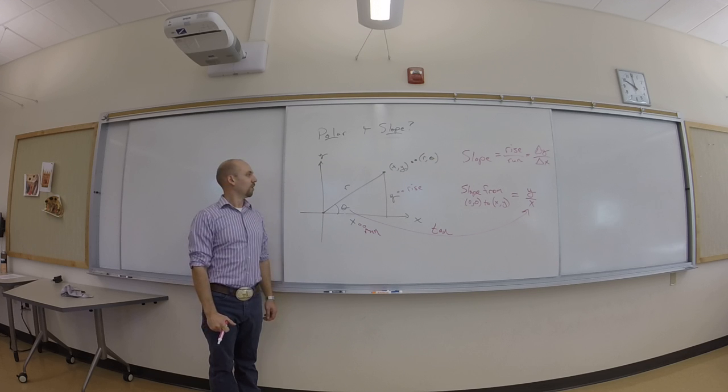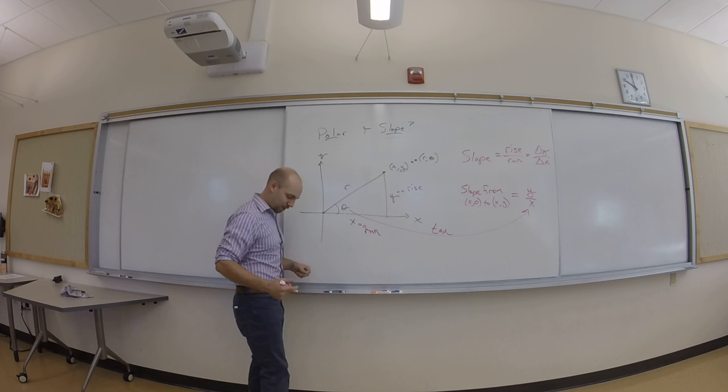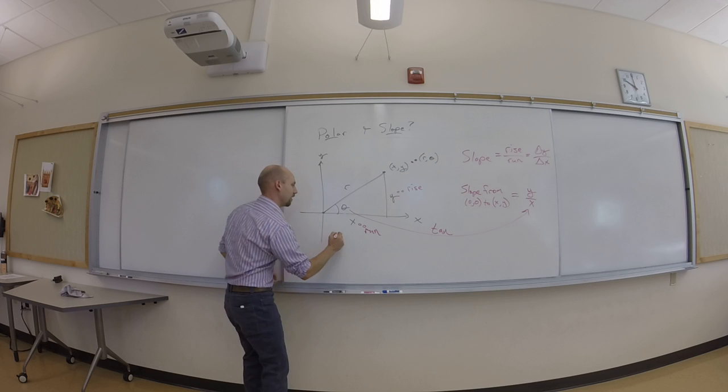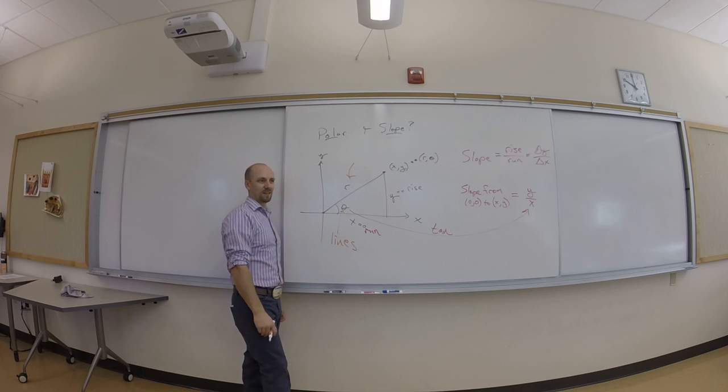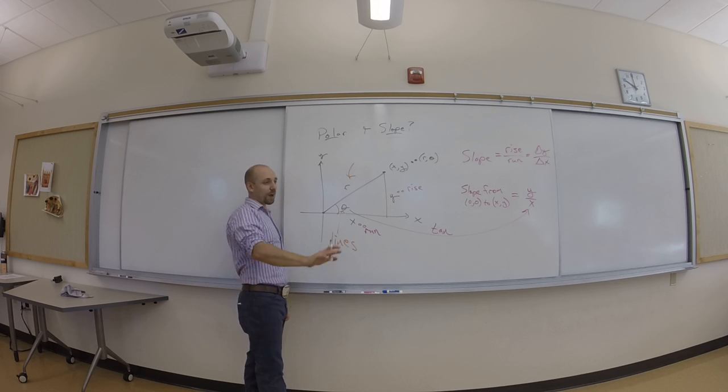So if the theta is making lines, and this maybe is the punchline of this whole chunk of talk, theta here, that's lines. What's r making? If I tell you, without telling you what angle you're going to, that you're going to go out 2 units, what does that describe?